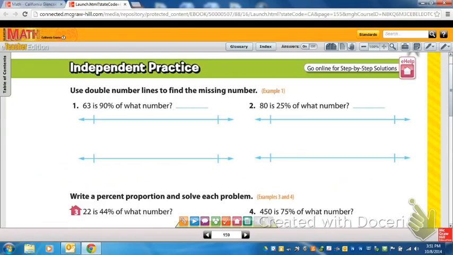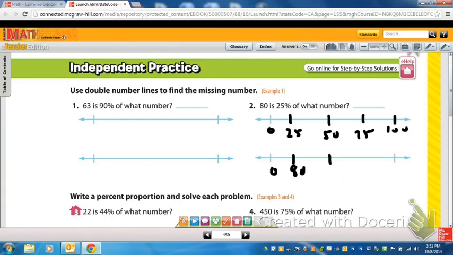This is actually their homework that they had to do today. We did number 1 in class. Here is number 2. 80 is 25% of what number? So again, I'm going to start with 0, 25%, 50, 75, 100, and then I'm going to start with 80 and increase it by 80.